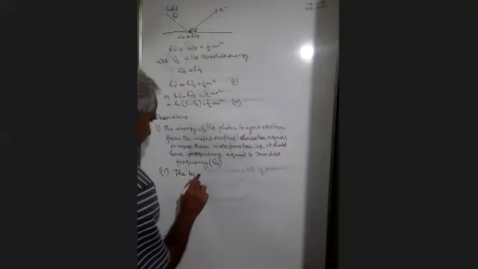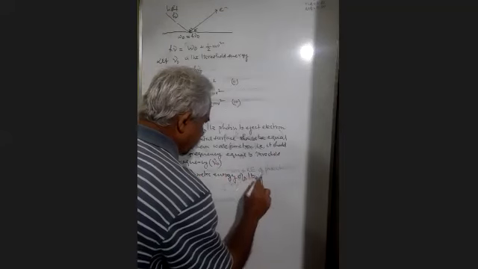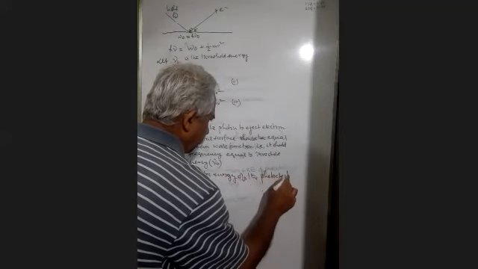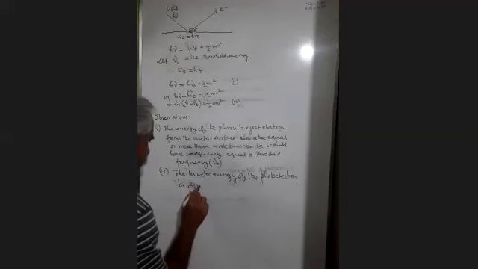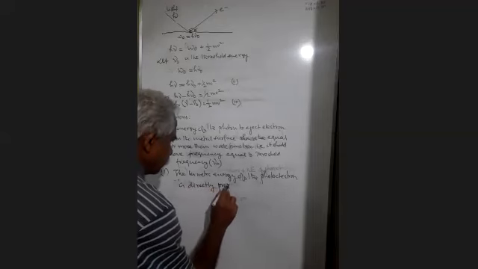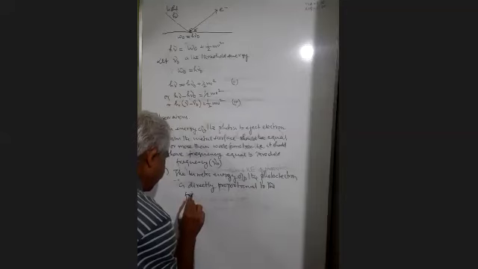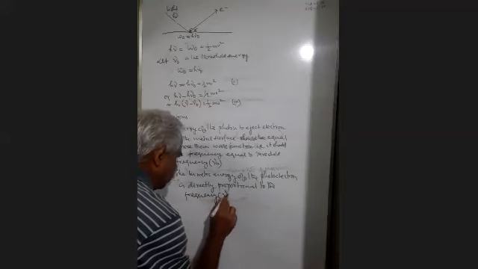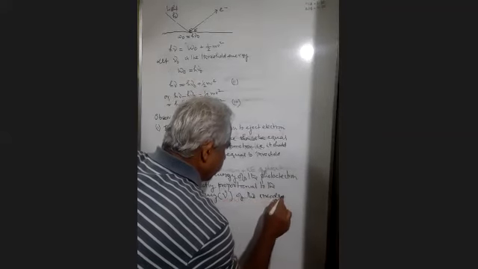Second, the kinetic energy of the photoelectron is directly proportional to the frequency, that is nu, of the photon of the incident radiation.